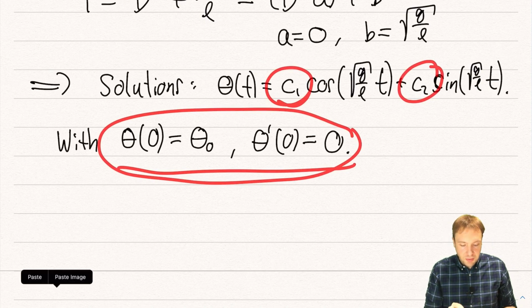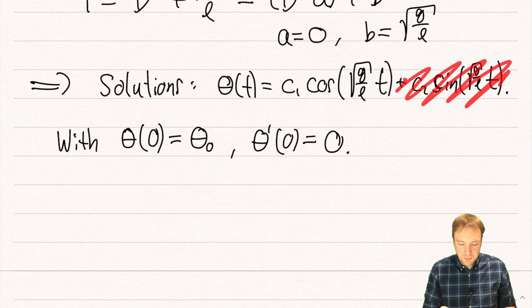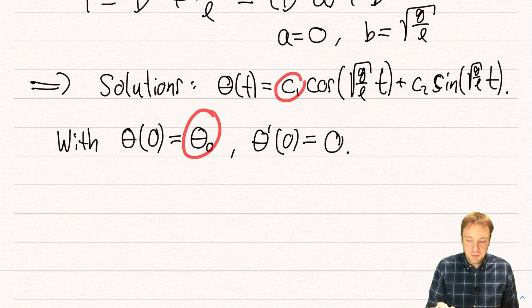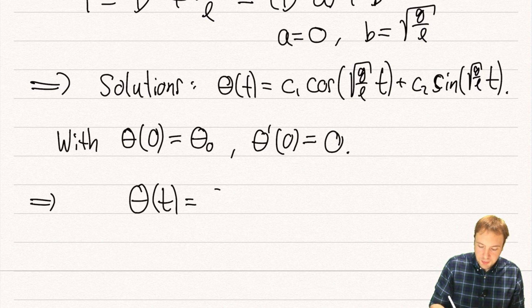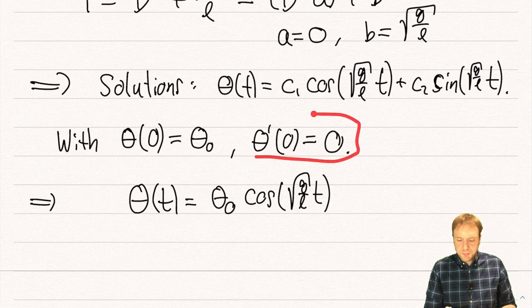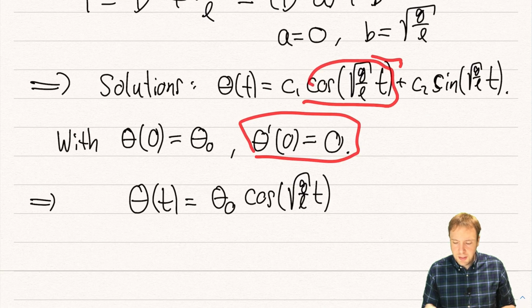So for example, if I plug in 0, then this part vanishes, and I want this to be theta 0. So this at 0 is 1, so this C1 is exactly this theta 0. So theta t is my starting angle, cosine of square root of g over L t, plus, and if I take the first derivative, this goes to sine and this goes to cosine.